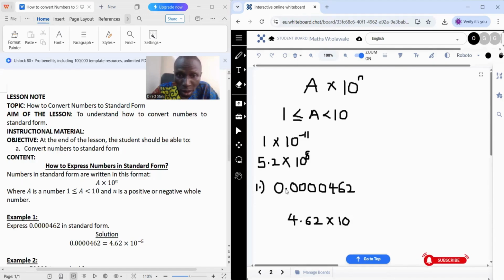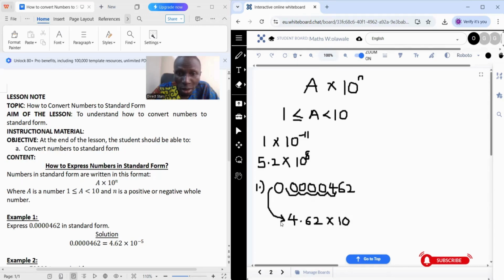So if you look at this, we have 1, 2, 3, 4, 5. So meaning that we have to move the point 5 places to make it 4.62. But is it going to be positive 5 or negative 5? To see if the power is going to be negative or positive, we have to compare the original number to the first number.